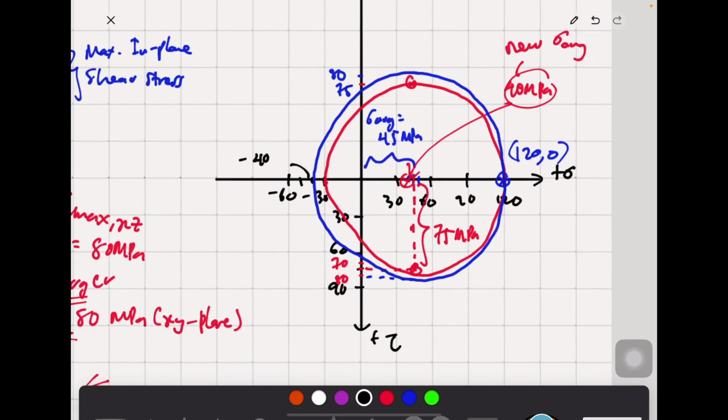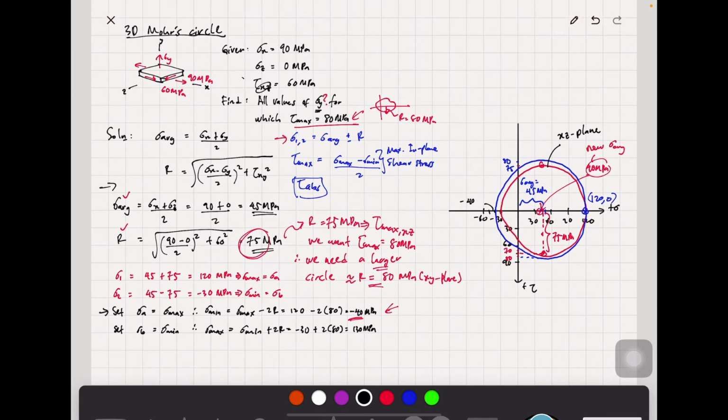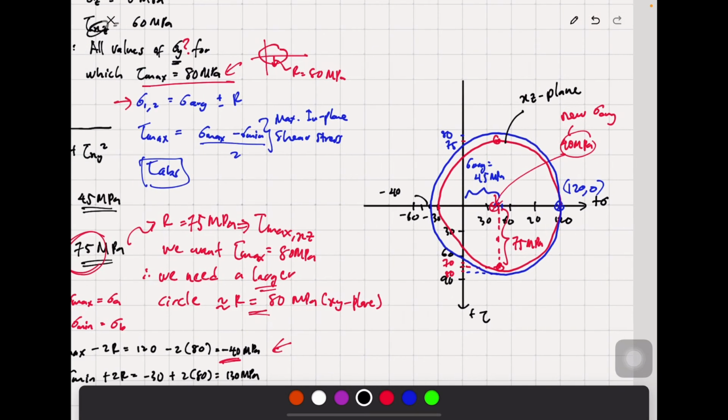So I'm going to label them out. So we have the first circle in red. This is our XZ plane. Why XZ plane? Because it was given to us tau XZ and sigma X and sigma Z. So similar to the previous Mohr circle that we have before, the representation of that plane is now changing to XZ, and what we are looking for is the XY plane, because this is the condition given to us, which is the tau max now given for us is 80 megapascal.